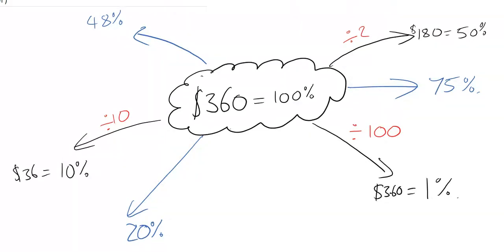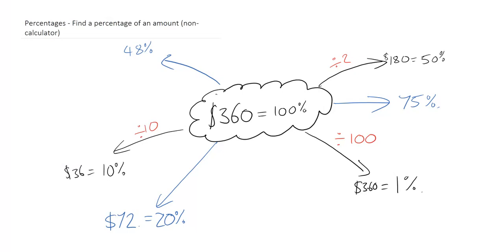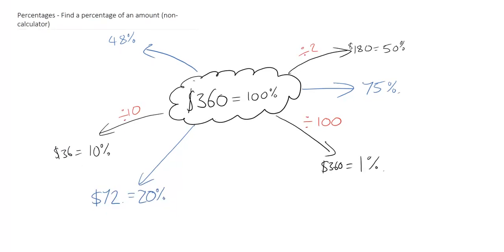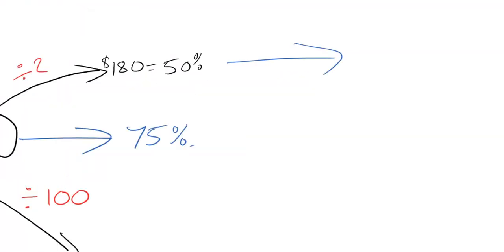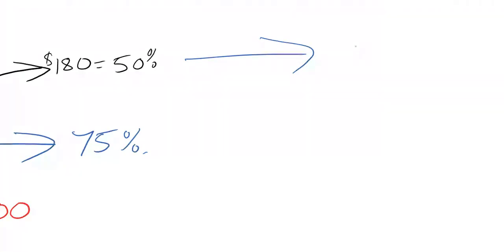Okay, so we'll start off with the 20%. So the 20% can be made up of two 10%, and we know what 10% is. It's 36. So 20% is going to be 72. I'm doubling the 36. If I wanted a 75%, well, I can work that out too, because I can take my 50% and I can say, well, 25% is going to be half of that.